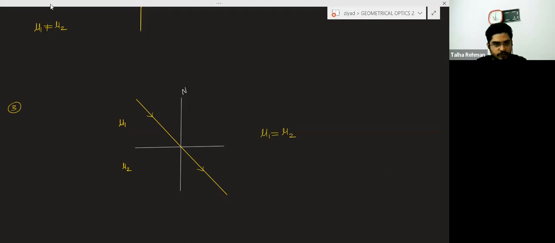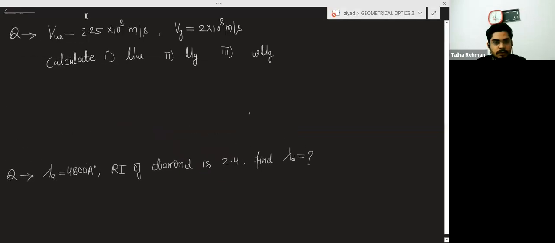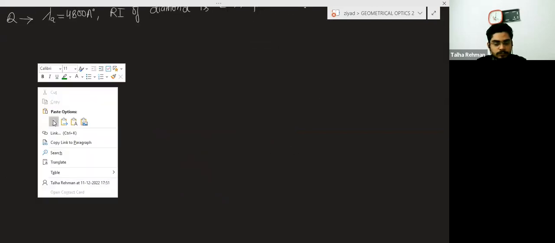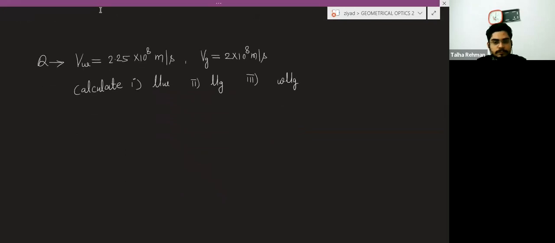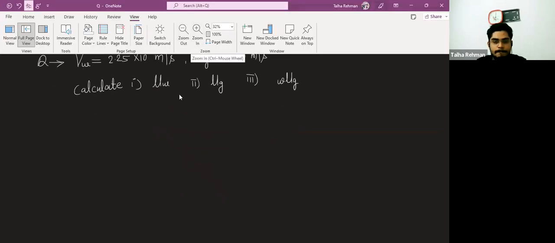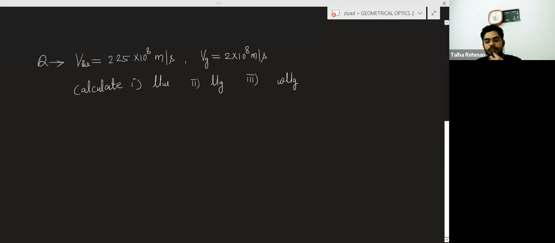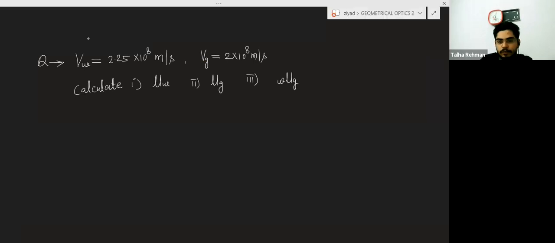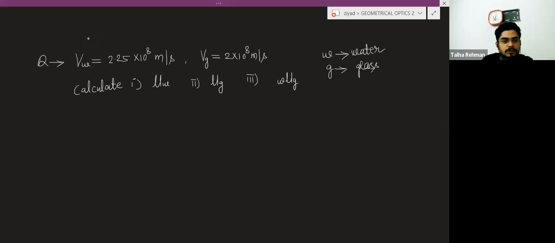Okay, now we will solve some questions. VW means the speed of light in water, and VG means the speed of light in glass. W here represents water, and G here represents glass.